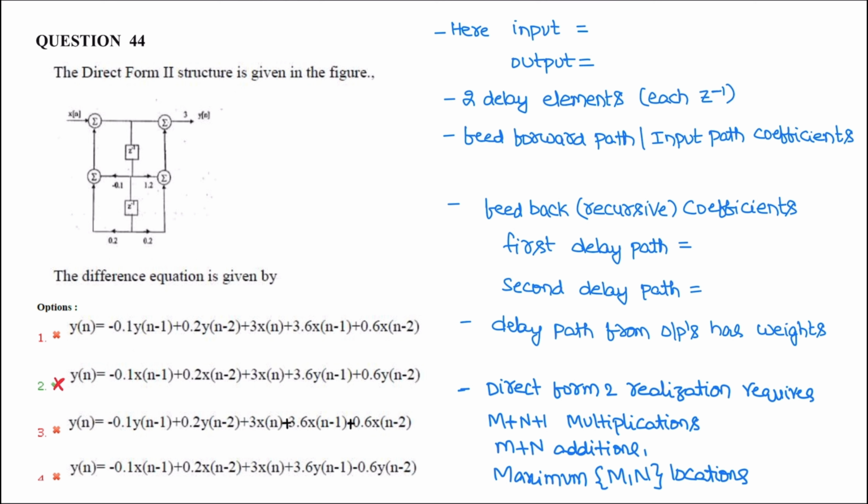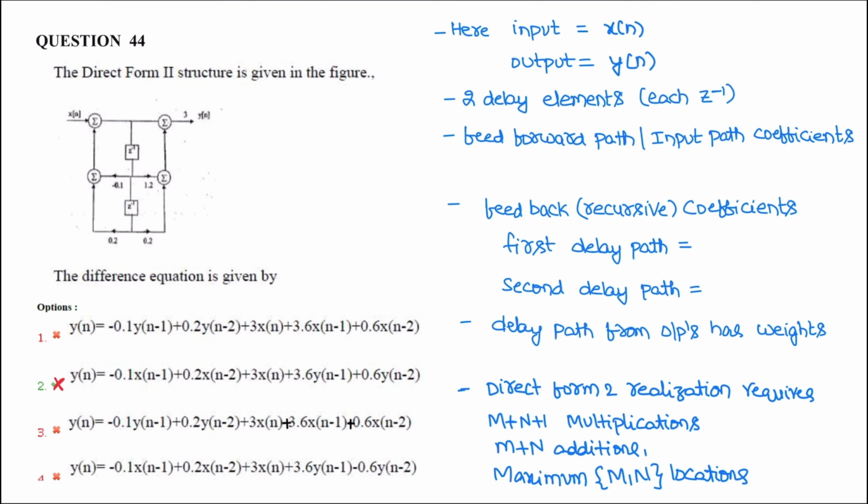Next question. The direct form 2 structure for the given figure is. Here the input is x of n and the output given is y of n. So the structure has two delay elements, each z inverse, and a feed forward path.